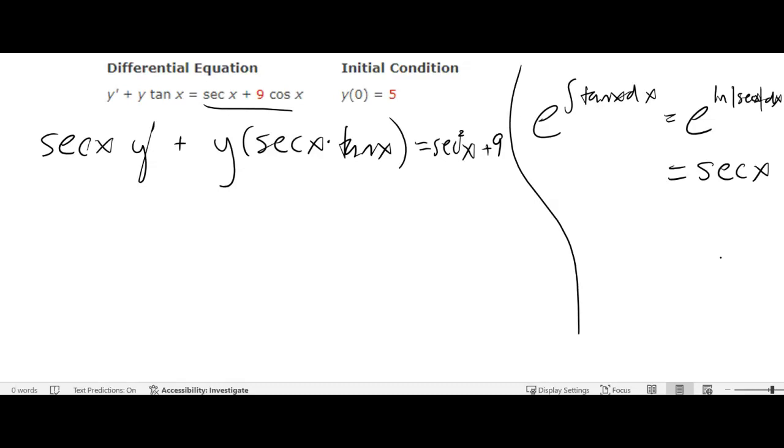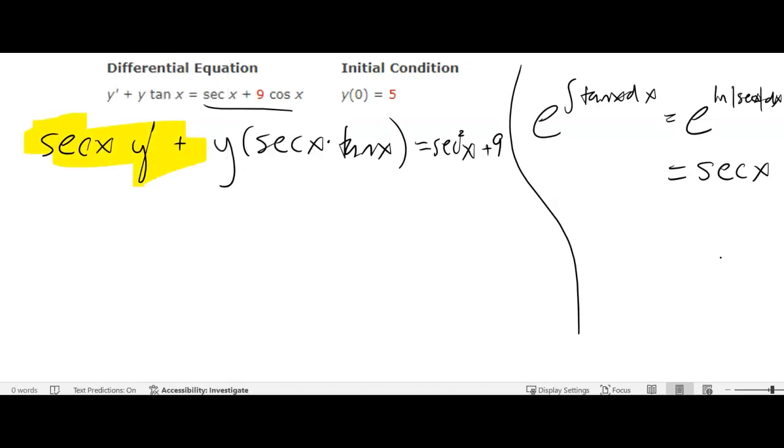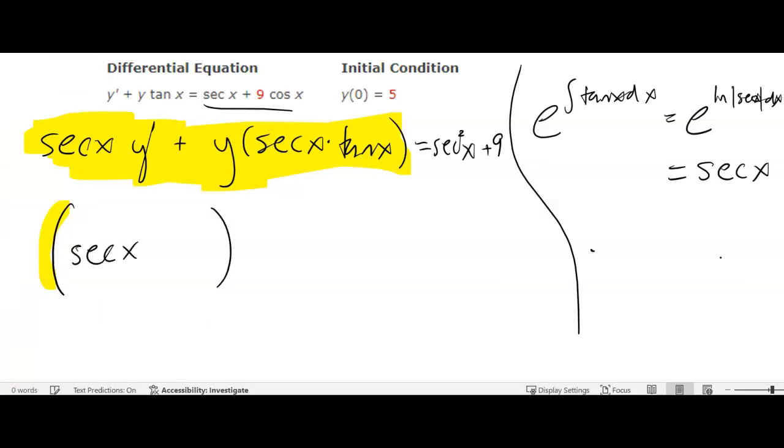Now, this should always be the derivative of a product. And that product should be secant x times y, right? And if I took that derivative, those two things are the same.